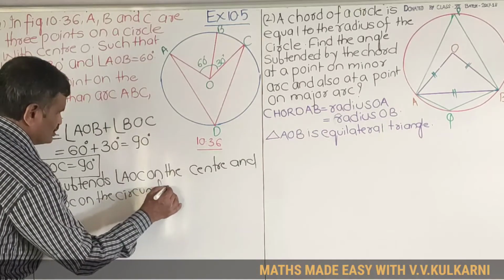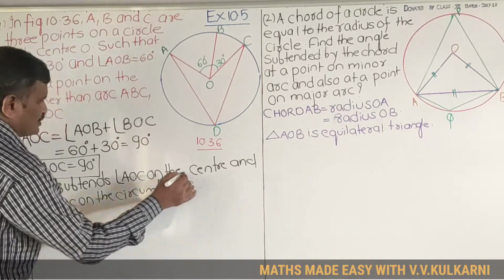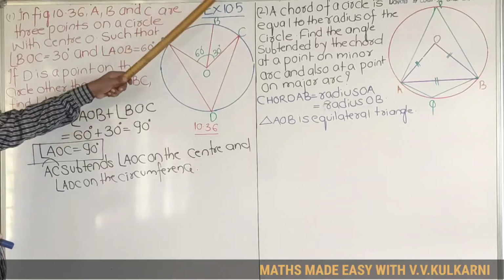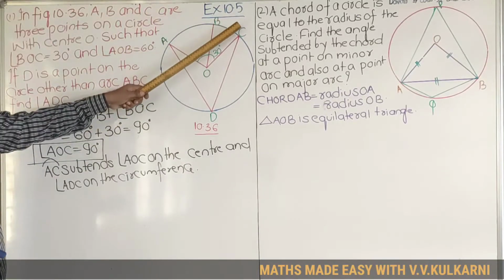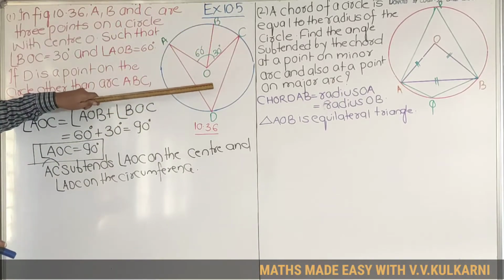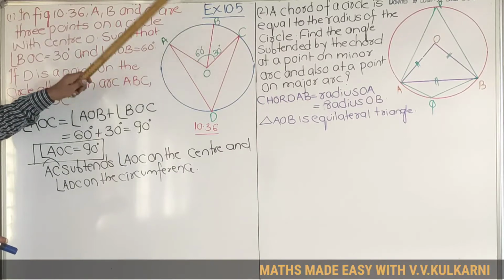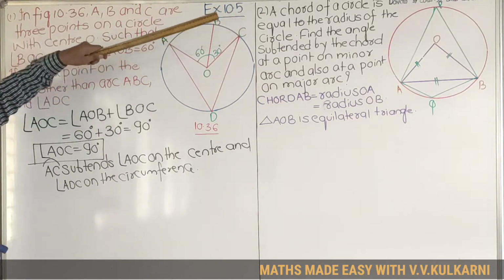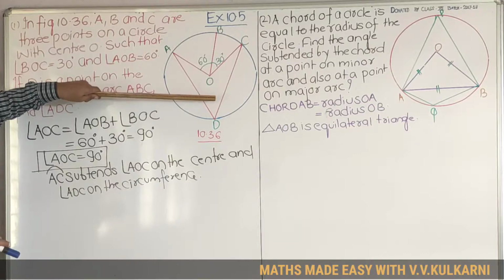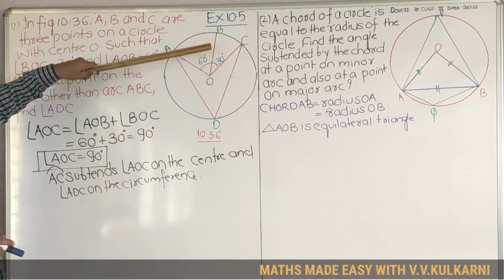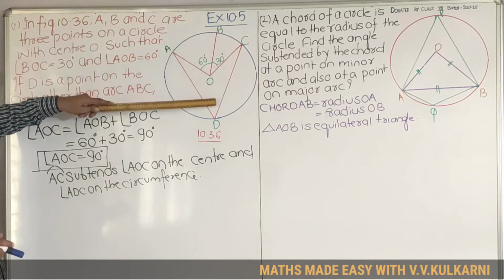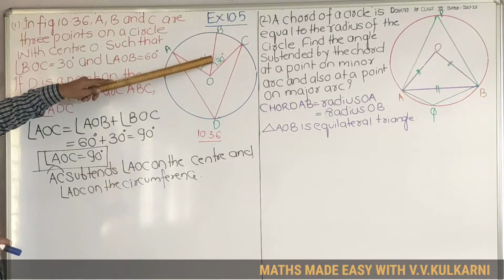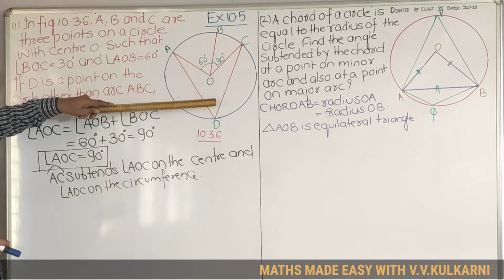We have already proved this theorem. What theorem have we proved? Angle subtended by an arc at the center is always twice the angle subtended by it on the circumference, or the angle subtended by an arc on the circumference will always be half of the angle subtended by it at the center. Or we can say that this is double of this, or this is half of this.